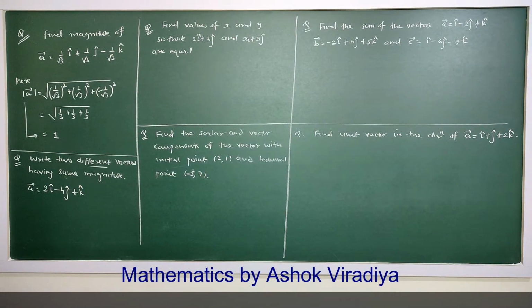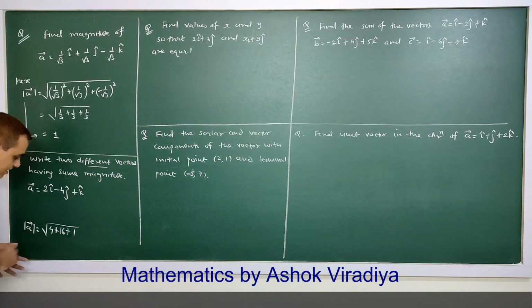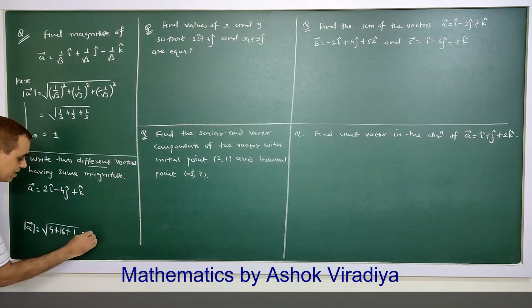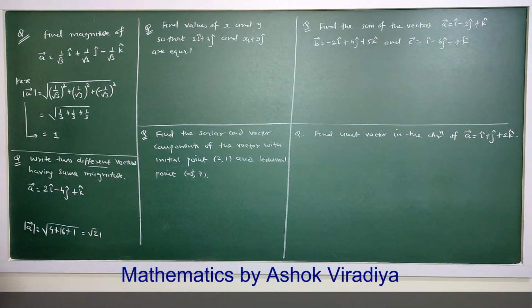First of all I find its magnitude. So its magnitude is 2 square is 4, plus minus 4 square is 16, plus 1 square is 1. So it is root 21.